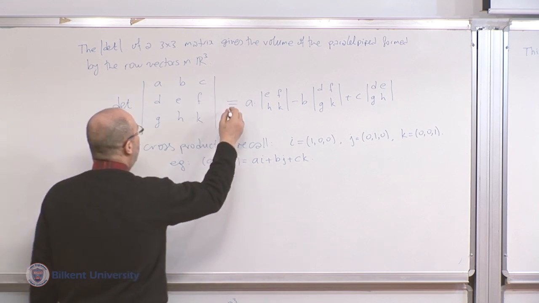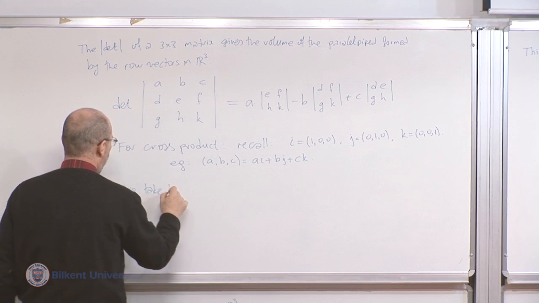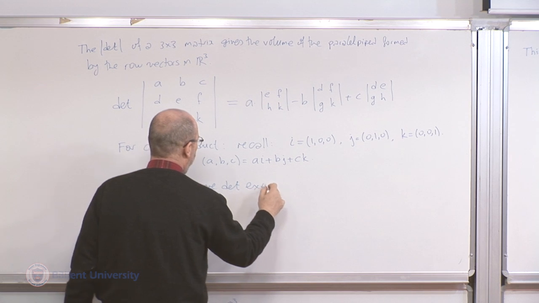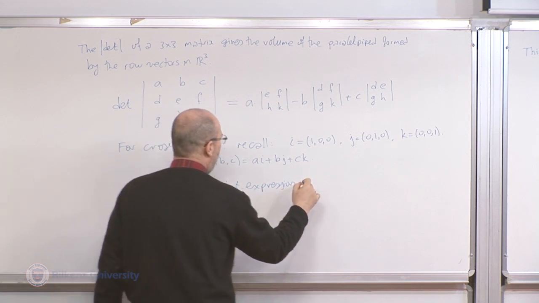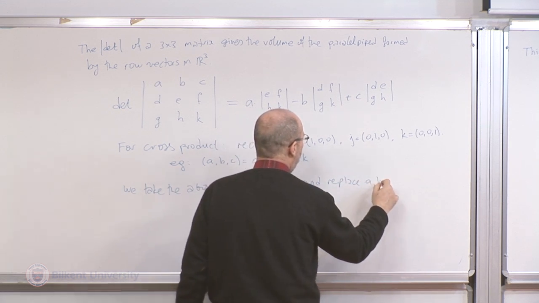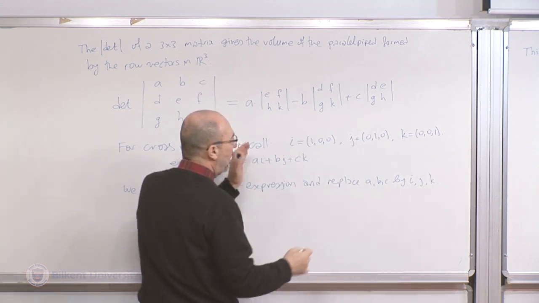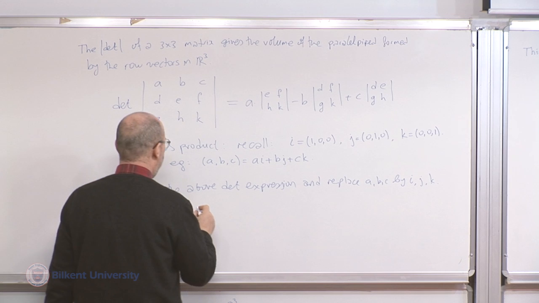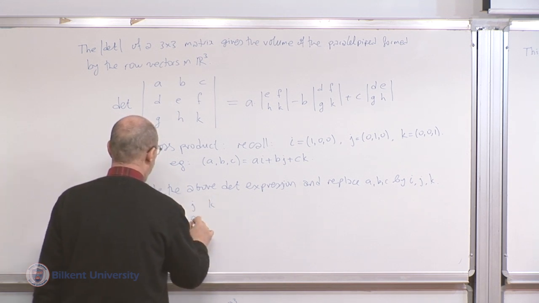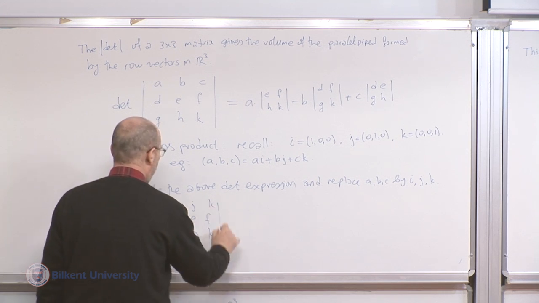Okay, so now we take this equation, we take the above determinant expression and replace A, B, C by I, J, K on the right-hand side. So we get I, J, K, D, E, F, G, H, K. This determinant we write.